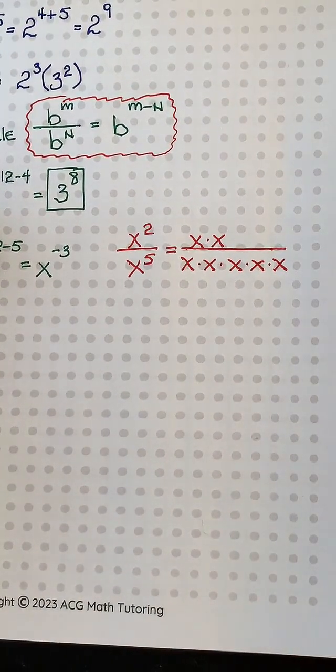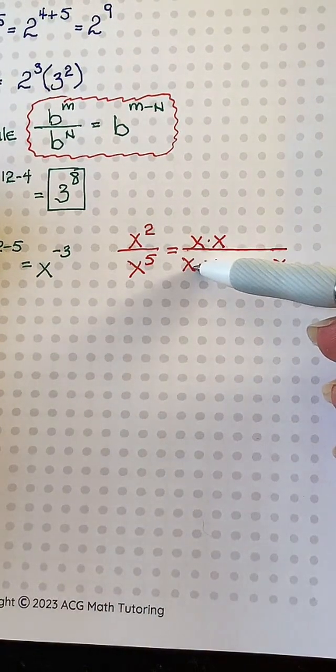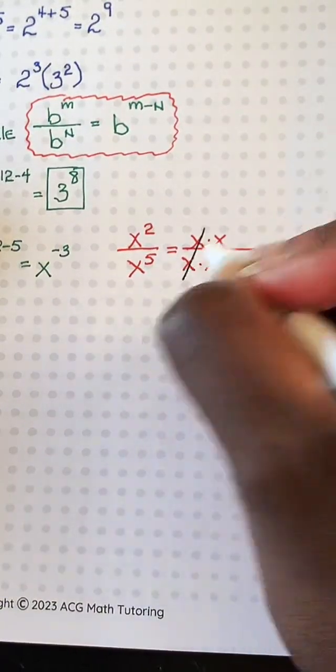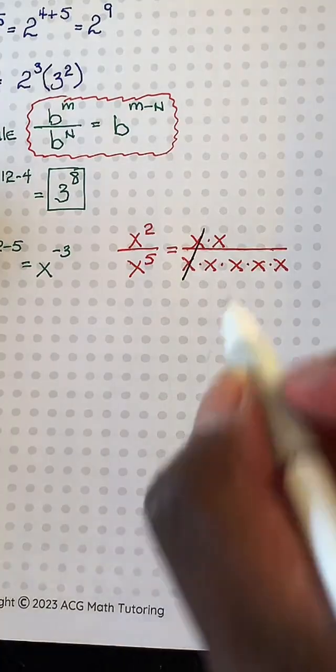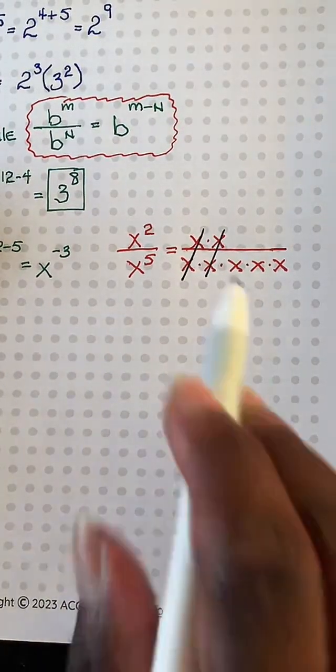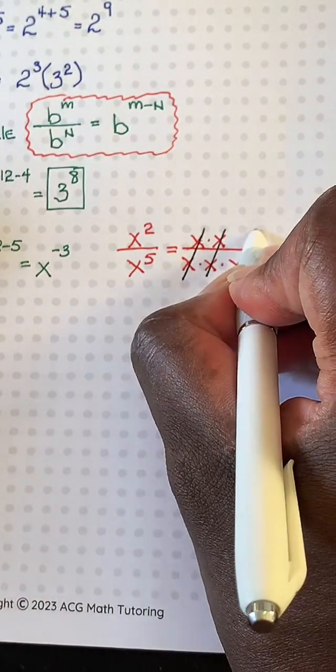If I were to eliminate, meaning anything divided by itself is 1. So x divided by x, that'll give me a 1. X divided by x, that'll give me a 1. And last time I checked, 1 times 1 gives me 1.